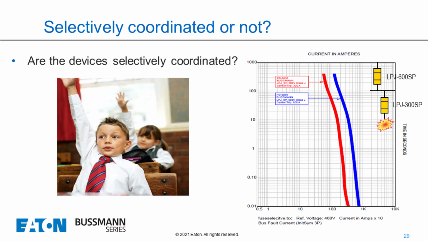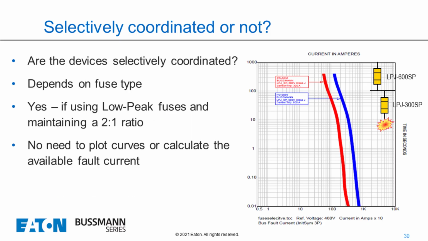And as you can see, the fuses look like they're selectively coordinated, right? But they're definitely coordinated. What's happening down here, though, below the 0.01 seconds? That's what we need to look at based on the fault current. Let's see what we have to look at.